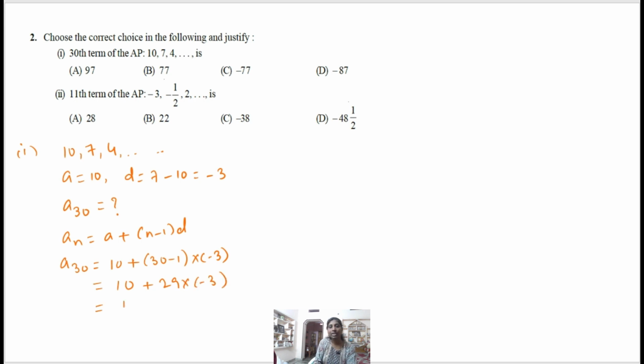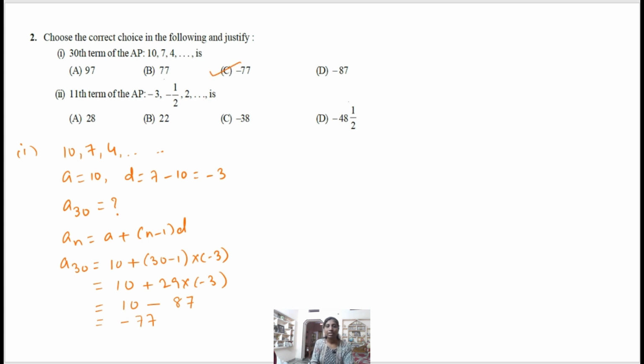Now when you multiply, take care of the sign. Plus into minus will become minus. 29 into 3: 3 9s are 27, carry 2. 3 2s are 6, 6 and 2 is 8. So 10 minus 87, which will be equal to minus 77. So option C is correct.